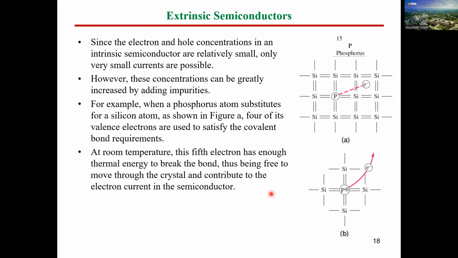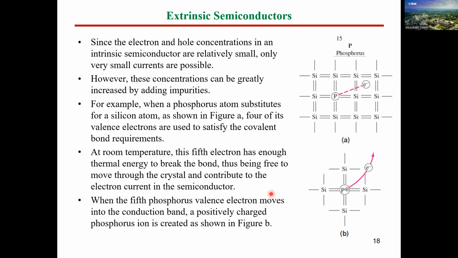So when we added the phosphorus, we have one free electron at room temperature, 300 Kelvin. It's enough to break the bond and start moving. So for sure, this will affect the concentration.